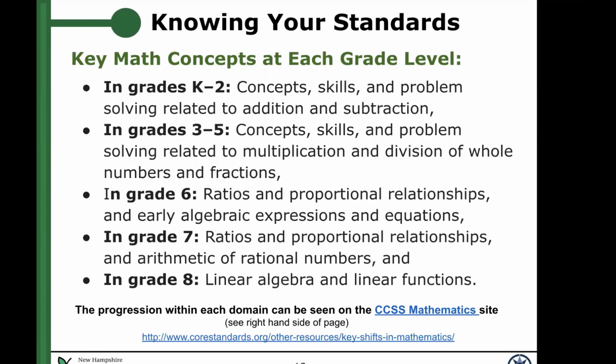In grade 6, ratio and proportional relationships, and then early algebraic expressions and equations. In 7, ratios and proportional relationships are expanded upon, and the arithmetic of rational numbers leading into linear algebra and linear functions in grade 8, which then have students ready for high school.